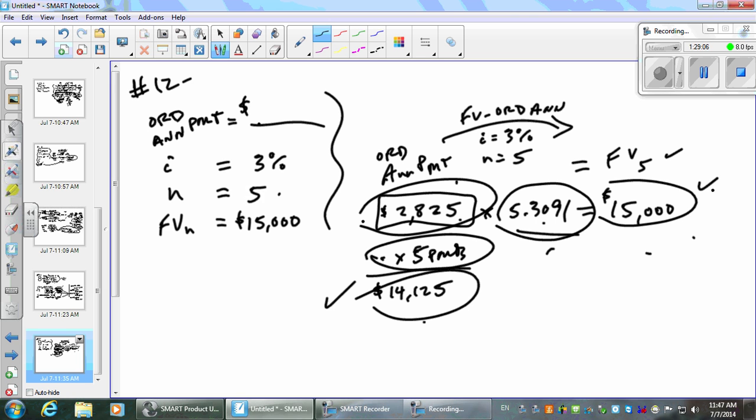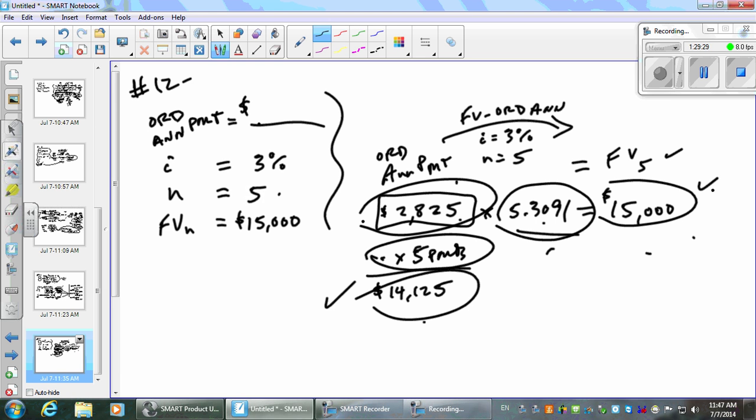But remember the one we just did: you're going for an ordinary annuity payment. You have to tell your calculator if the payment is at the beginning or the end of the period. Make sure you're telling it it's the end. I know you have to switch it if they pay on the day it's due. Make sure you have it set in the calculator. Okay, good. You know what I mean?